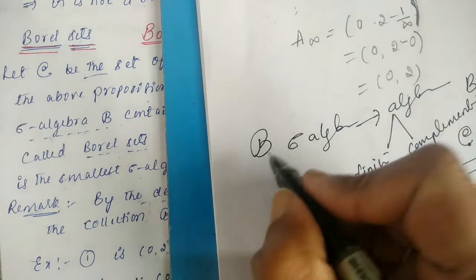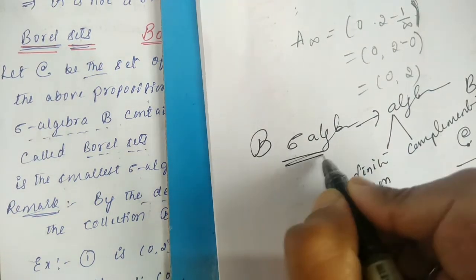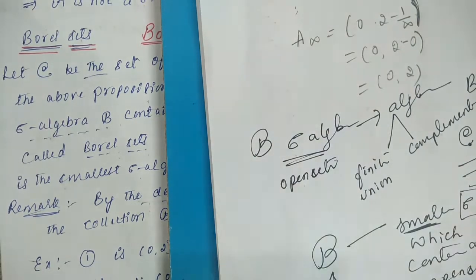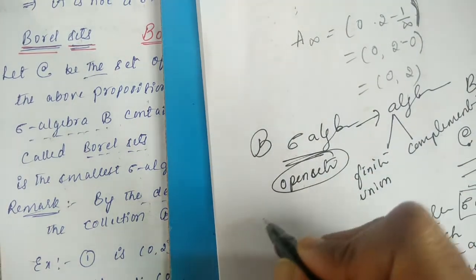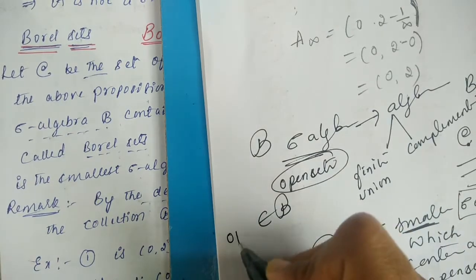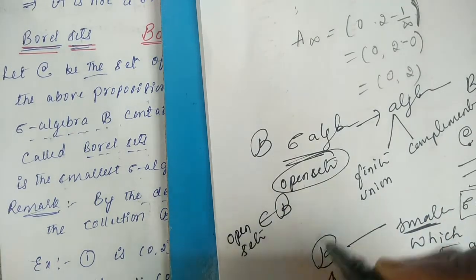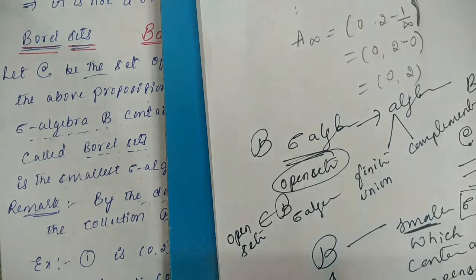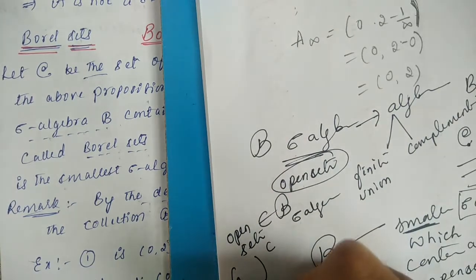Okay. So here the cursive B is the smallest sigma algebra and also contains open sets. Open sets are elements of B, but B is a sigma algebra. It means what? It is closed under complementation also. What is the complement of an open set?